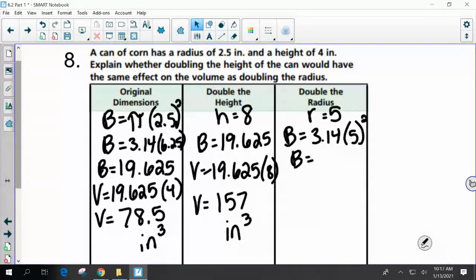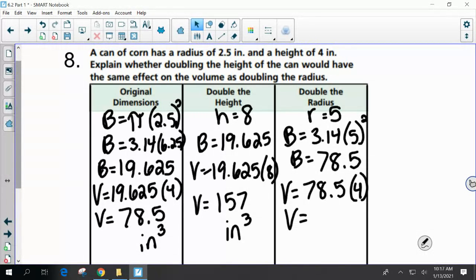What's that? 78.5. Okay. So then for my volume, I'm going to take 78.5 times what number? 4. Back to my original height. 314. Okay. So which one would give you the most volume? Doubling the radius.